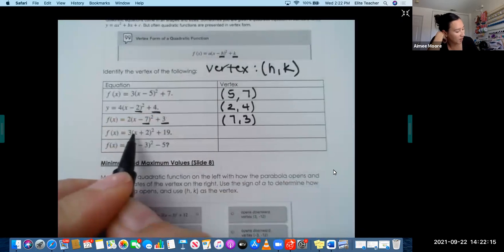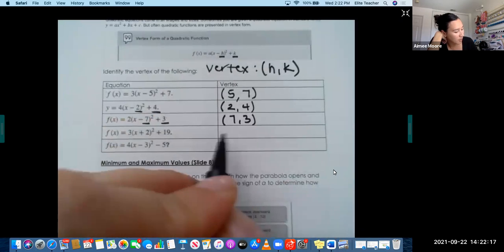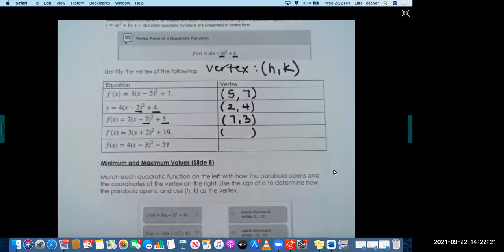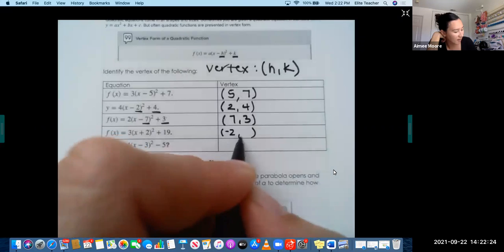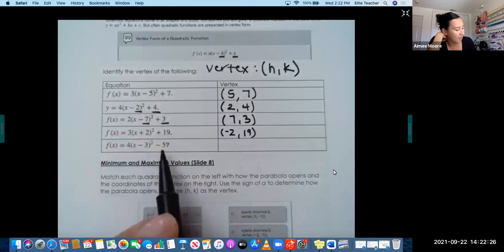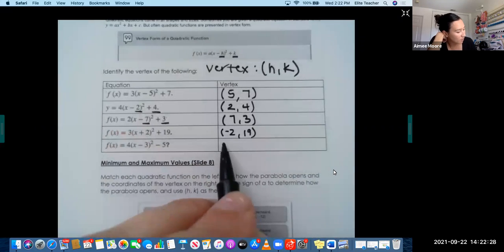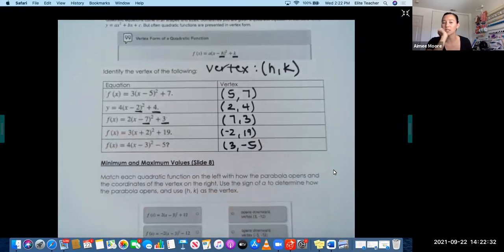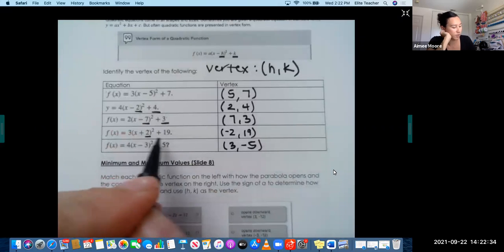Victoria, this one was a little bit harder because it's x plus 2. So what's the vertex? -2, 19. You got it. Very good. And then the last one would be 3, -5. Any questions on identifying the vertex when it's in vertex form?